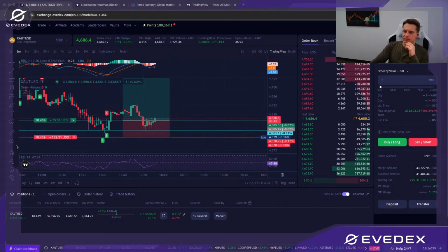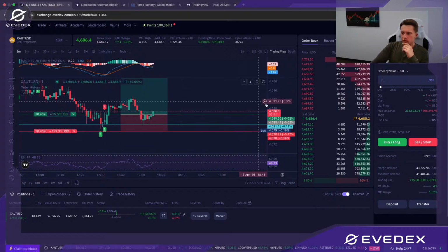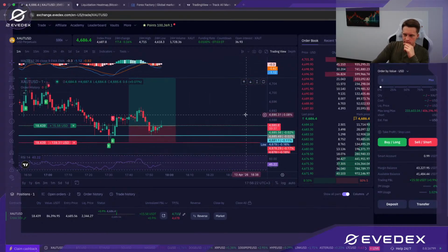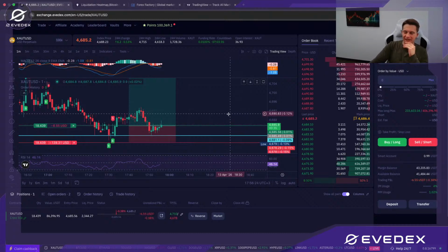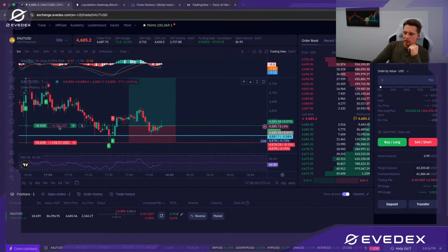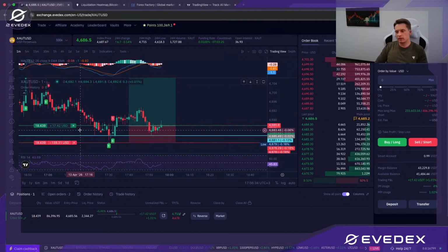So say for example, I didn't know the resistance levels, support levels, and say I was beginning to trade. When I'm down by 50 USD or 70, you probably would have exited the trade because of fear, because you think you're gonna lose all your money.